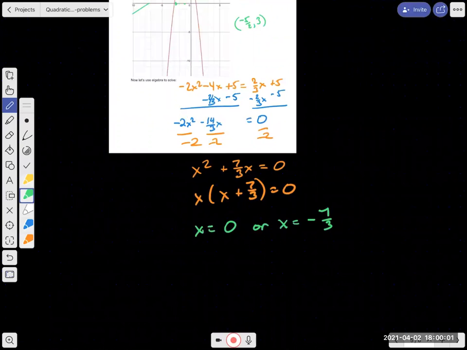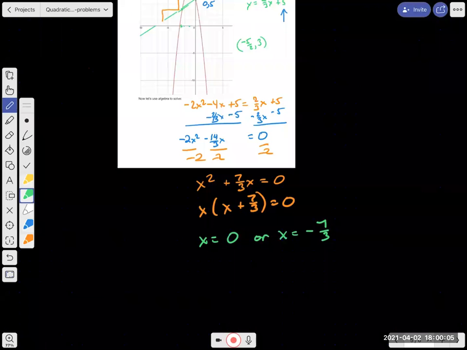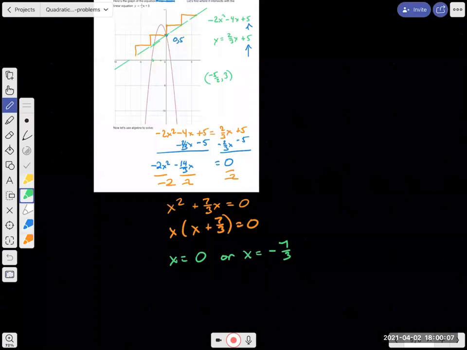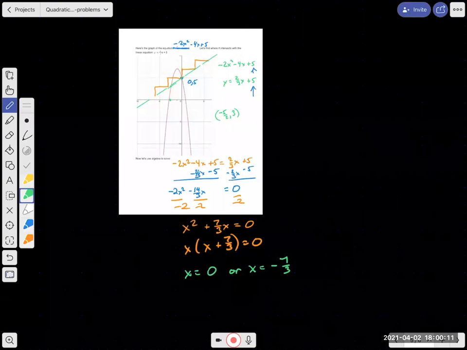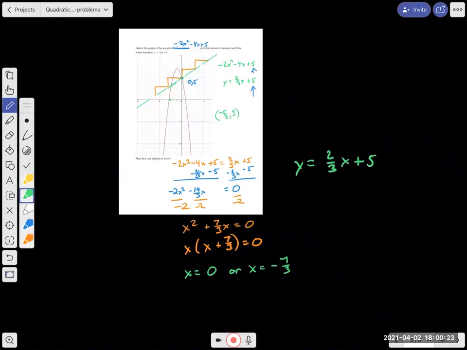And so that's 2 1/3. So we thought it was around 2 1/2. And when we look at that, let's see if it works in our equation. So we have y equals 2/3 x plus 5. And let's see what we get.